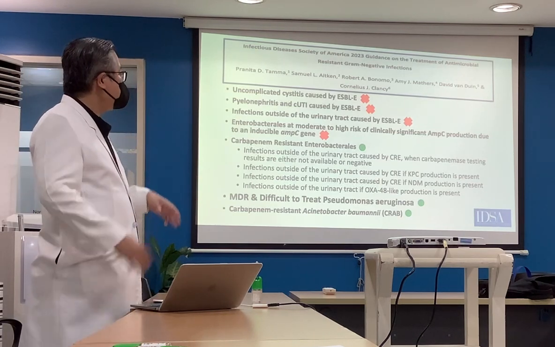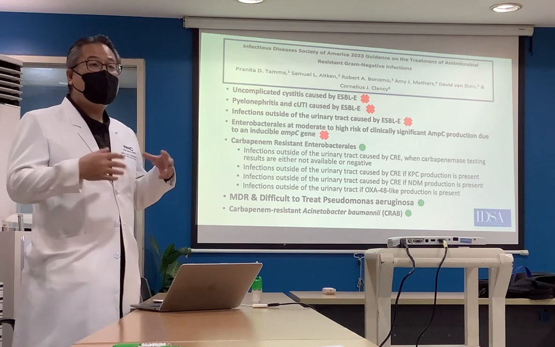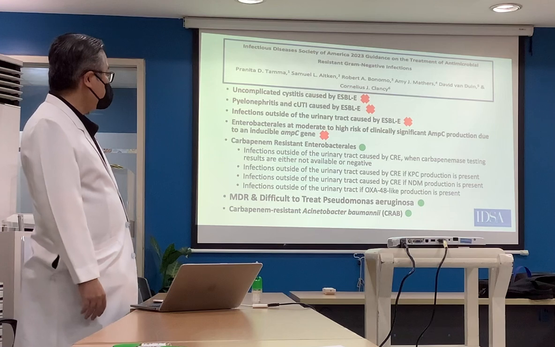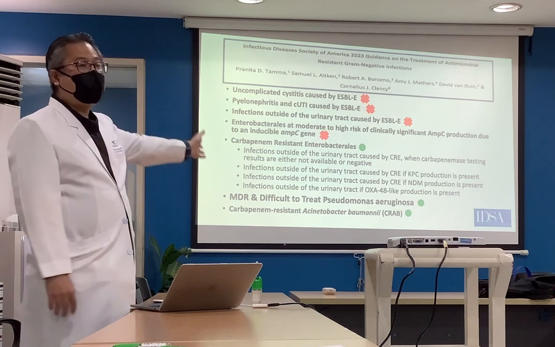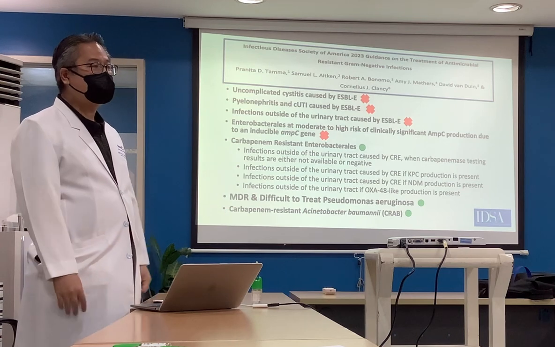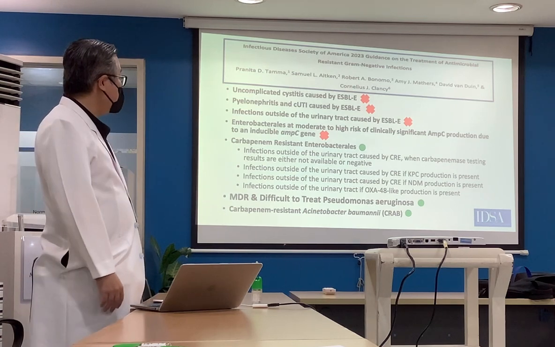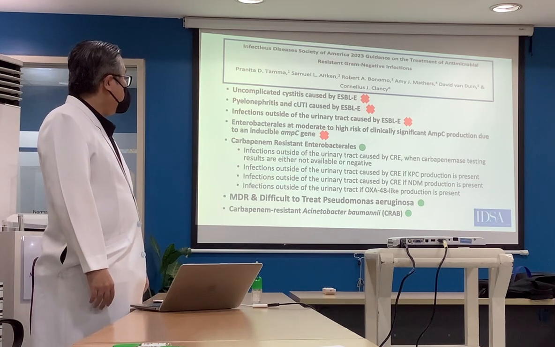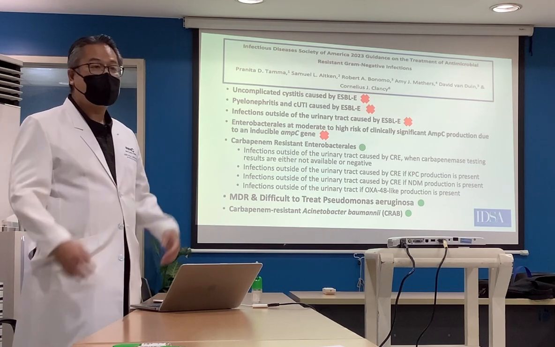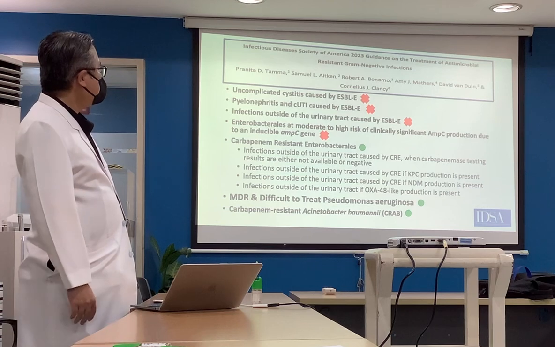But in essence for today, we will go for the uses of these two antibiotics. So the latest one, kasi maraming older versions, 2019, but the latest one that we follow is of course the IDSA 2023 guidance on the treatment of antimicrobial resistant gram-negative infections.